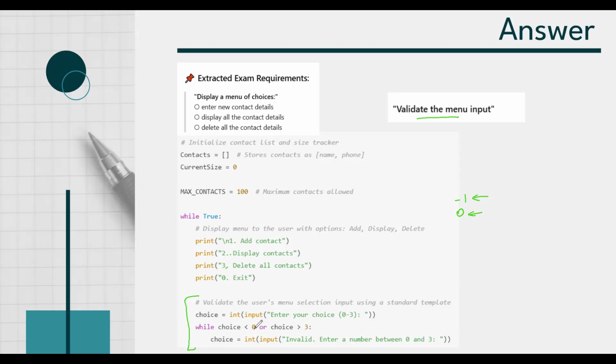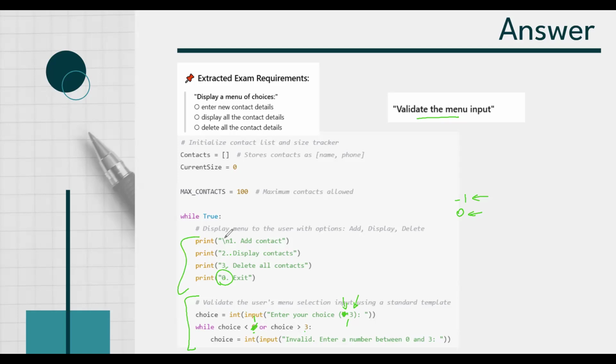So we just modify the template, telling it the minimum value and the maximum value that we need to validate the input for. Here, 0 and 3, because I'm considering the 0 number here, or you can modify it to be if it is less than 1 and bigger than 3. And you can also put 1 if you would like. In this case, we don't have to do that.